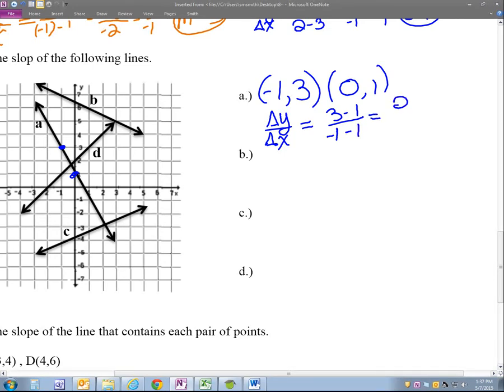So -1 minus 1 is -2. We have -2 divided by -1, which means that our slope is -2.